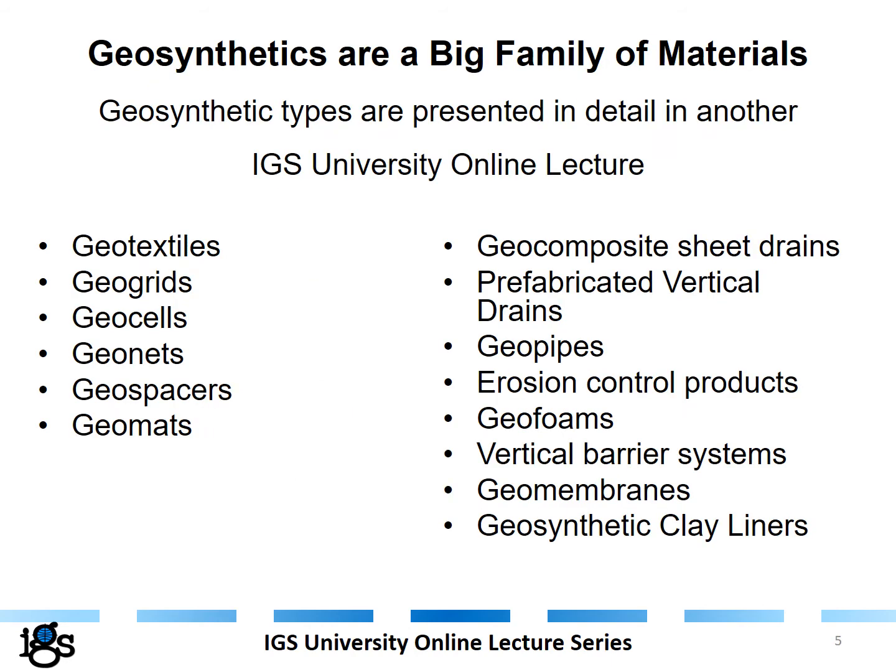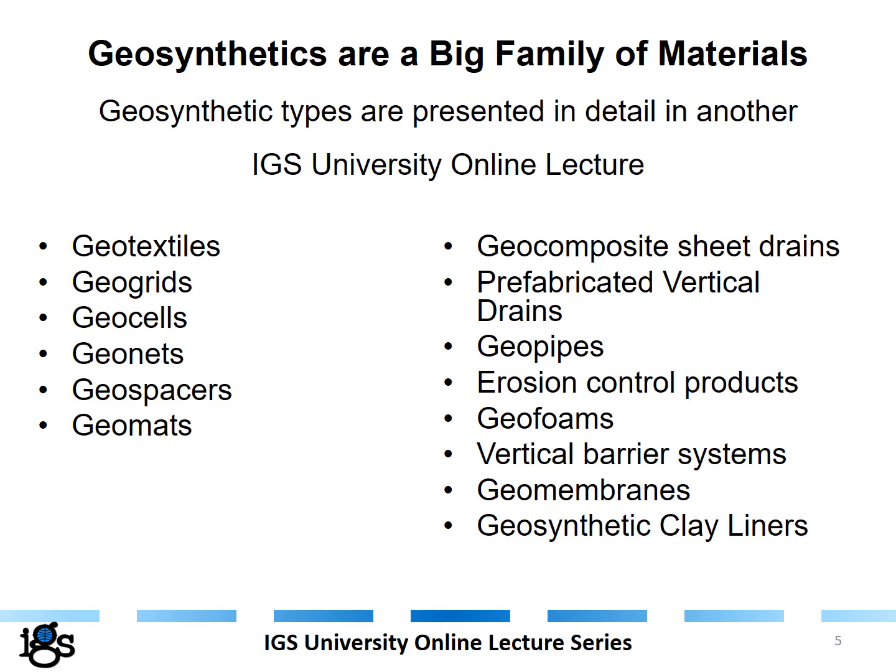Geosynthetics are a big family of materials. Geosynthetic types are presented in detail in another IGS University online lecture. Here, I would like only to mention the names of the most frequently used geosynthetic products.